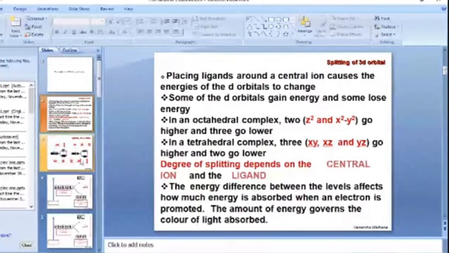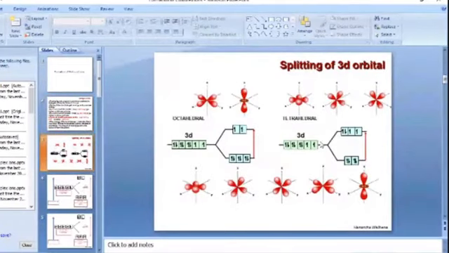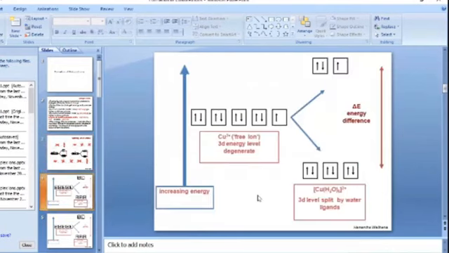So if you look at the tetrahedral one, the split is opposite. For tetrahedral splitting, the three go to a higher energy level and two come to the lower energy level.